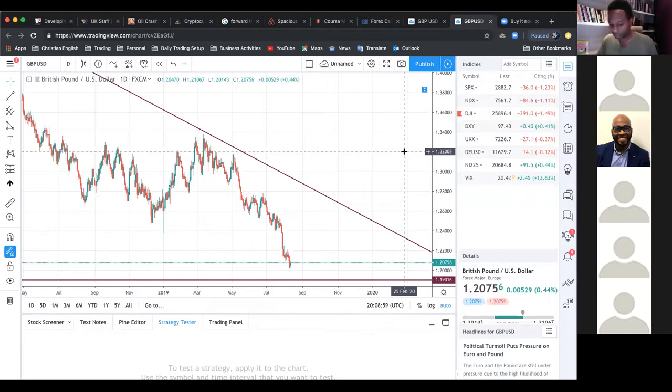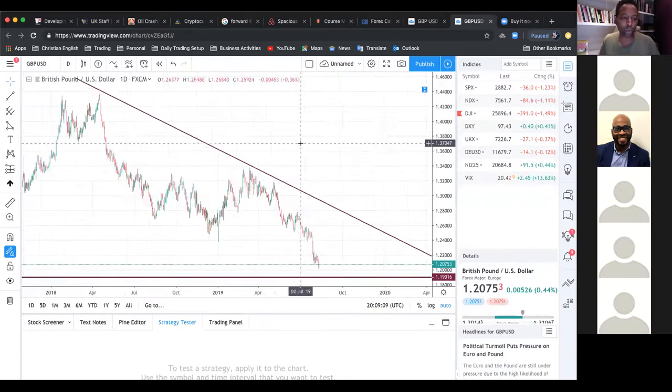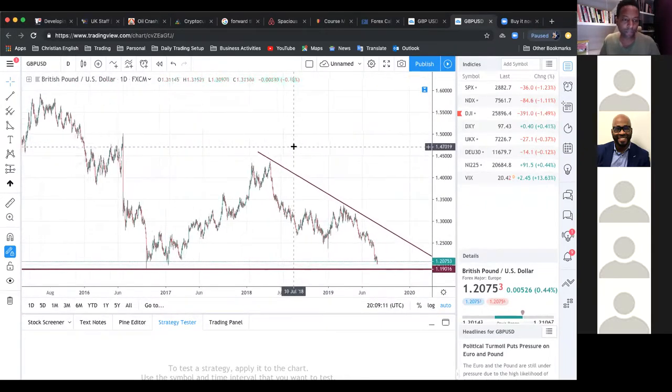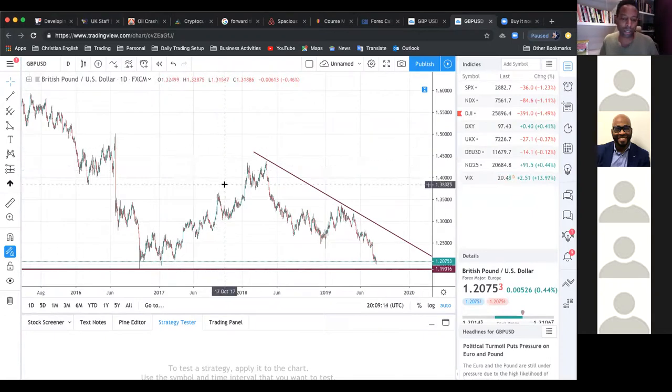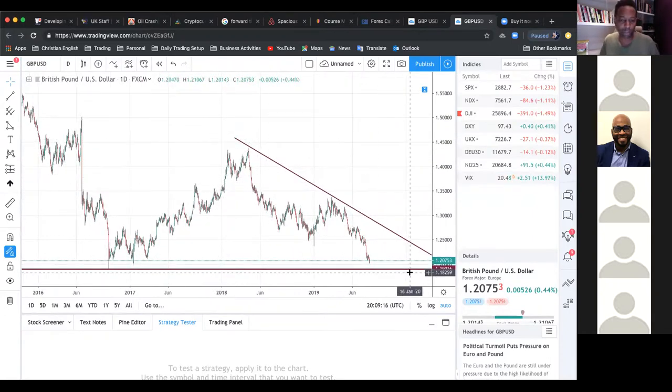Just a quick question. The reverse of what you showed here in the downtrend, would you just map it in the opposite direction if it was an uptrend? Correct. We're just going to read what the chart tells us. This chart tells us that there is a downward sloping triangle, that the downward sloping triangle is a continuation pattern, and that the likelihood is, not the guarantee, that the price continues in the direction that the triangle is pointing.